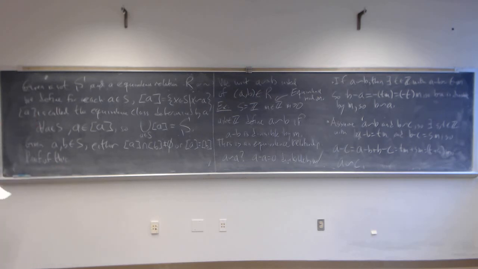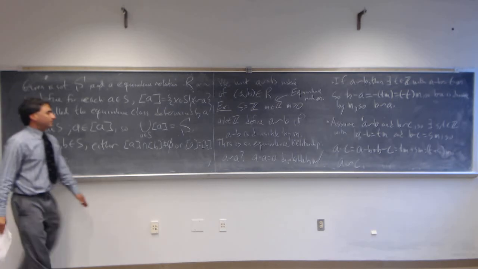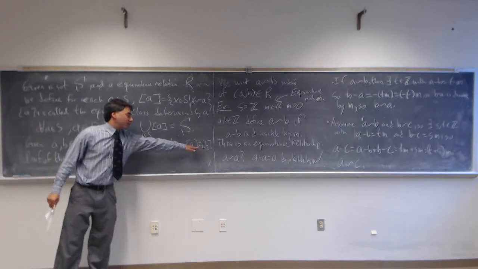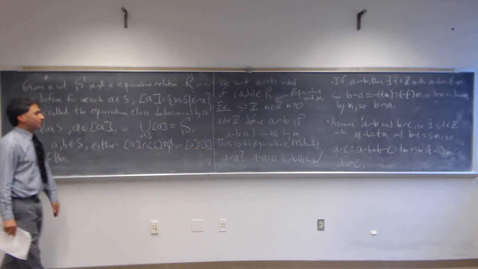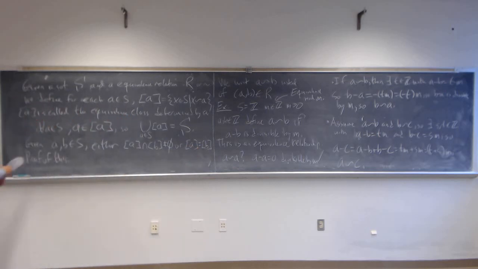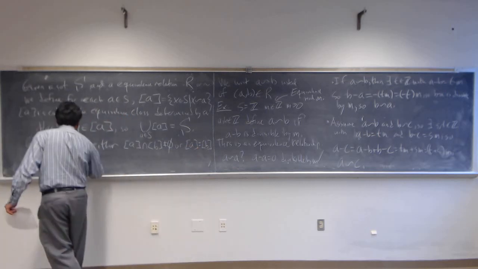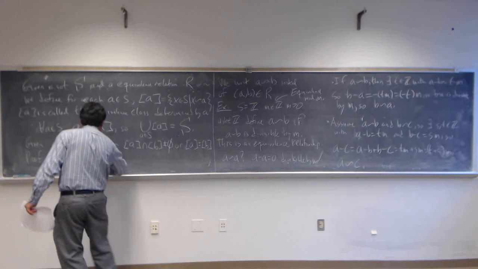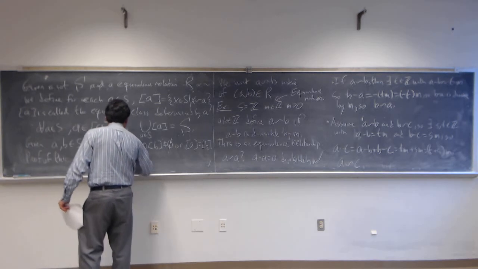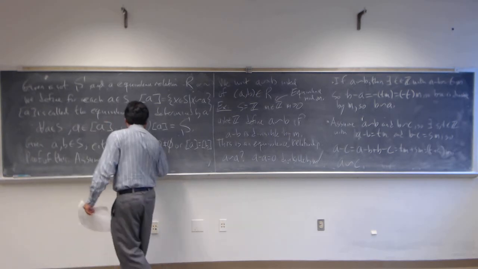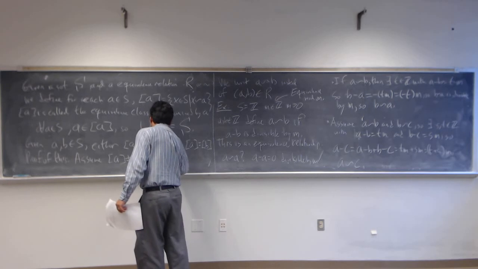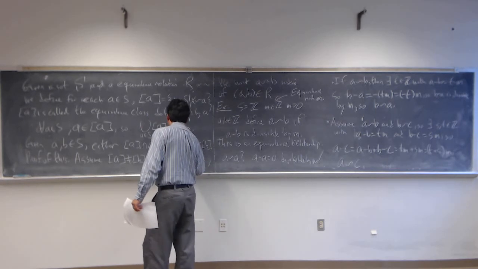So we want to prove two statements, A or B. What we can do is assume that if the equivalence class determined by a is equal to the equivalence class determined by b, we're done. So for the proof, all we have to do is assume that they're not equal, and then we need to show they're disjoint.